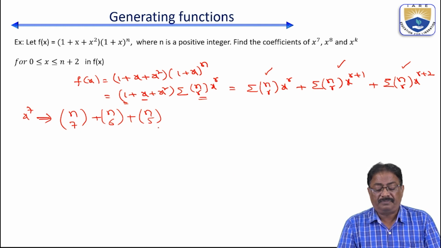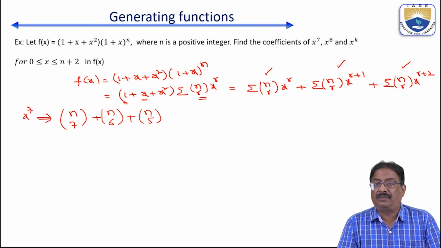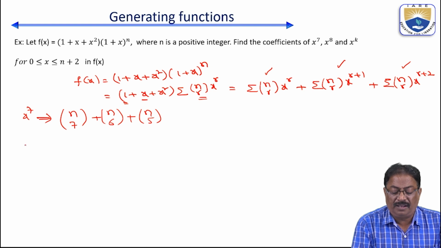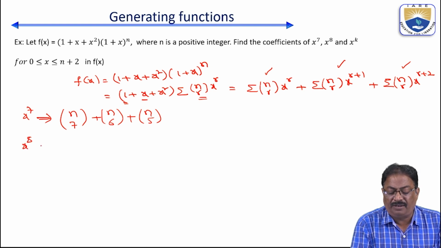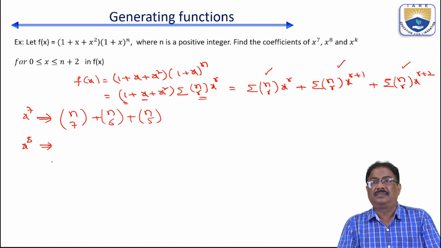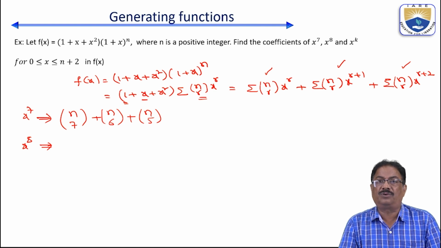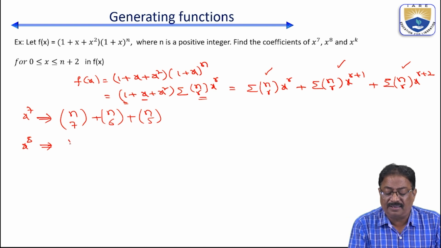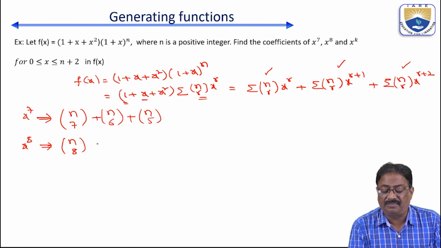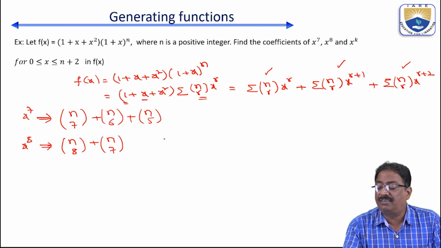Similarly, the x power 8 coefficient, if I consider, just substitute r equal to 8. So then it is nC8, r equal to 7, nC7, and r equal to 6, so nC6.